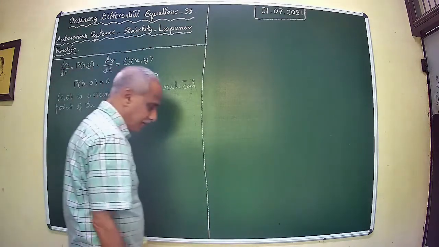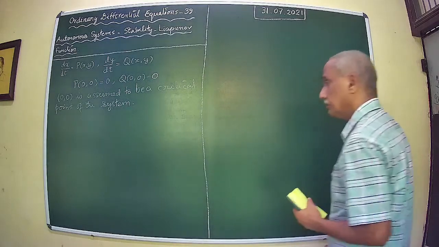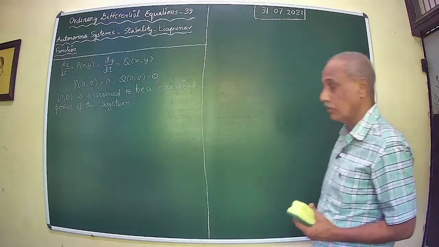Here we are not assuming that P and Q are linear. Okay.